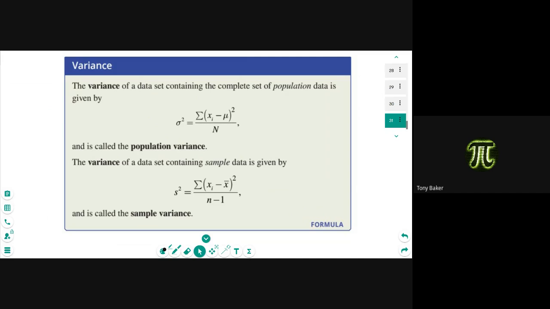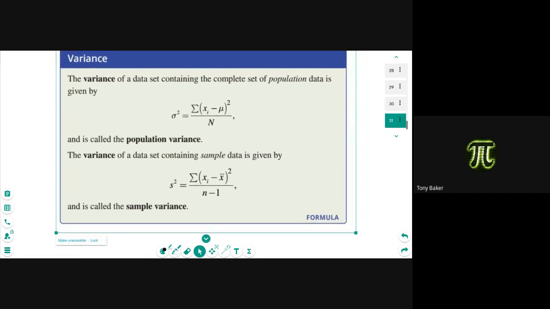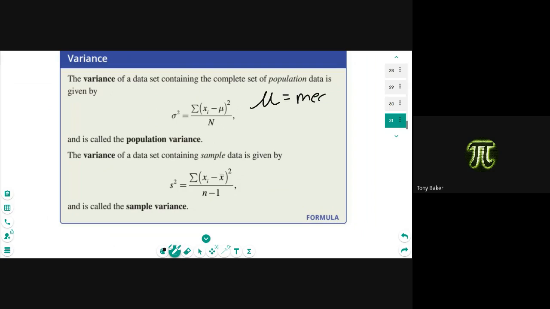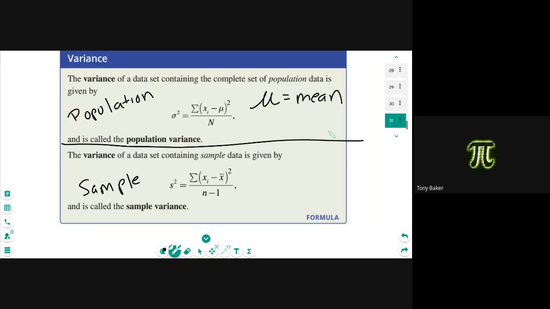So this symbol right here, that mu symbol, stands for your mean. This one is for population, and this one is for sample. We're going to do both. That symbol means the mean of the population.